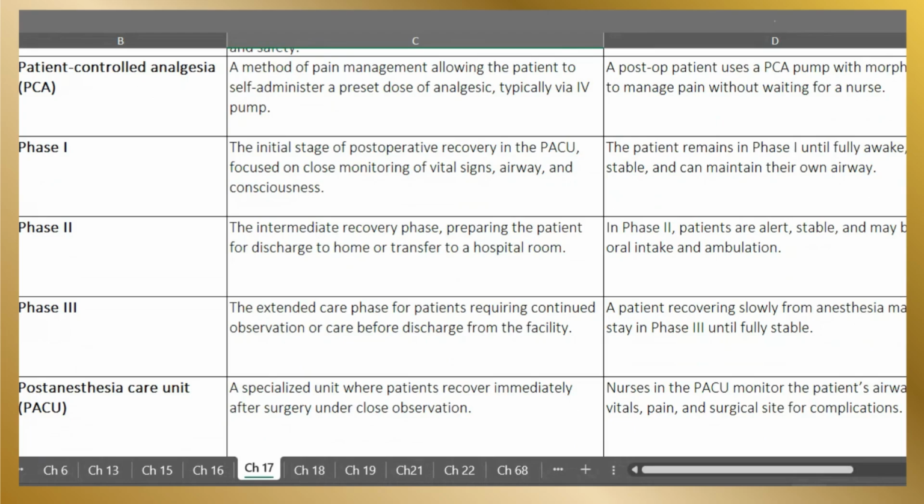Phase 3 is the extended care phase for patients requiring continued observation or care before discharge from the facility. A patient recovering slowly from anesthesia may stay in Phase 3 until fully stable.